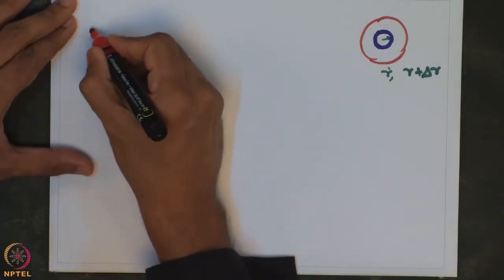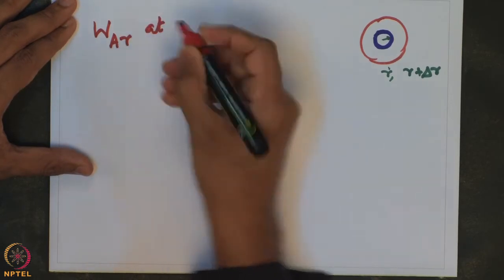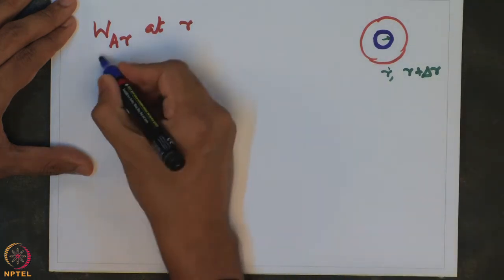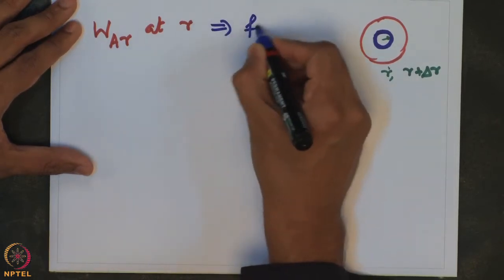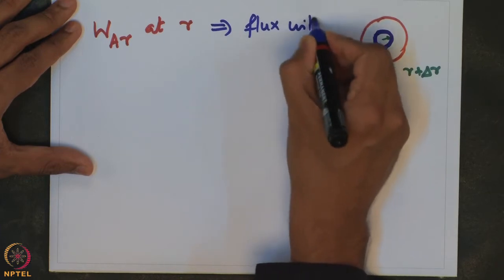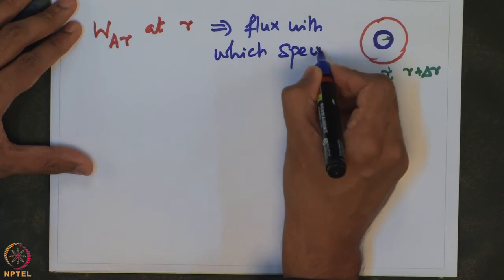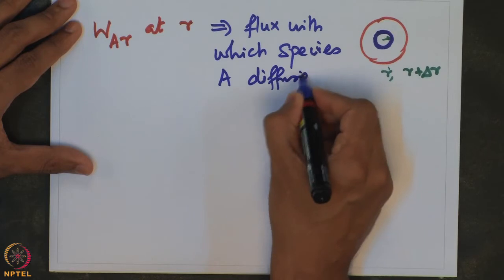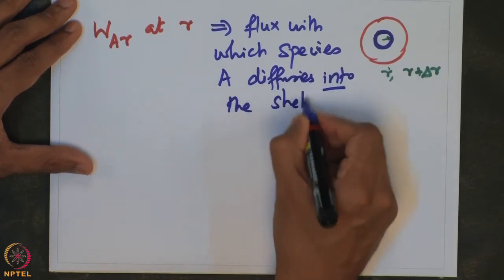What is the flux at radial position r? What is the flux with which species A diffuses into the shell at r?